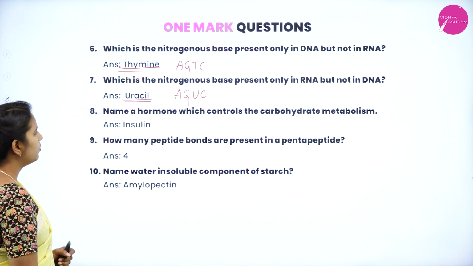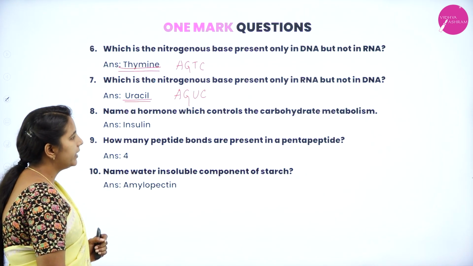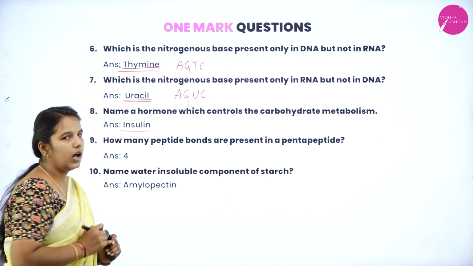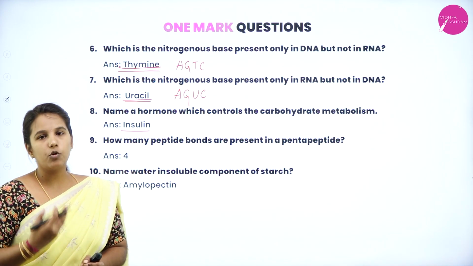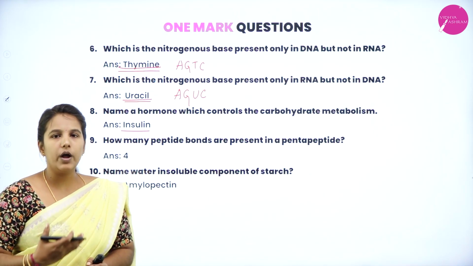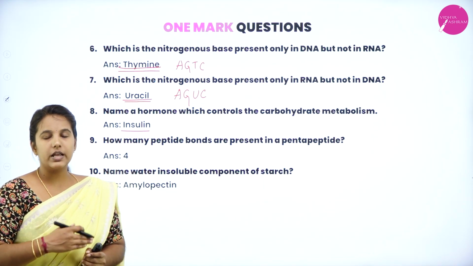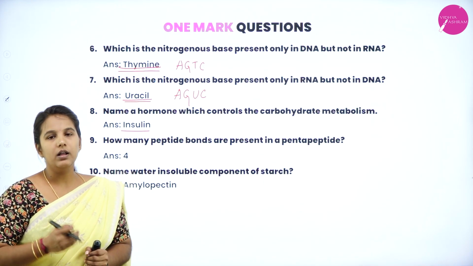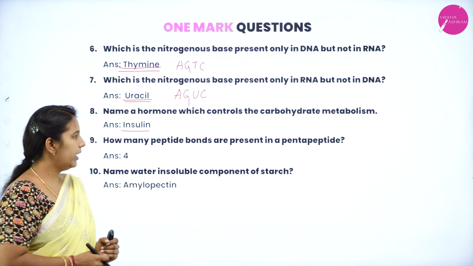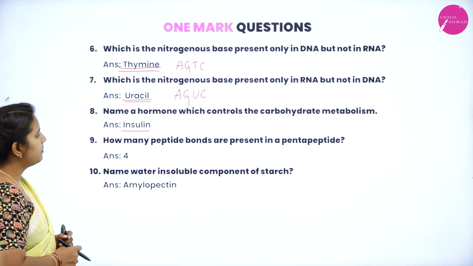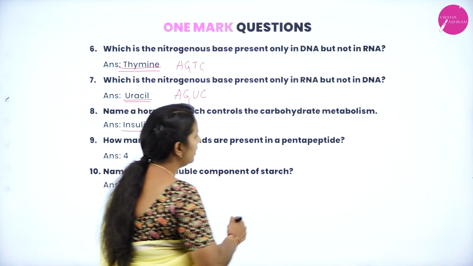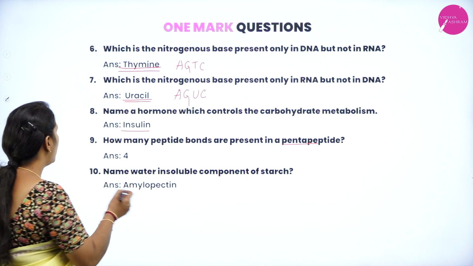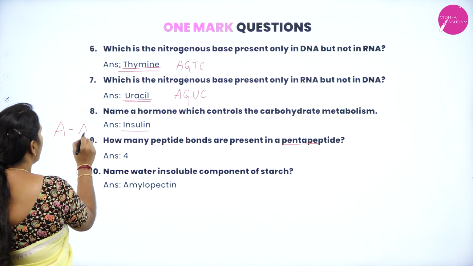Next, name a hormone which controls the carbohydrate metabolism. We know that in our body, insulin is the only hormone which regulates the carbohydrate metabolism. If the carbohydrate content is too high, the insulin production also becomes too high, so that the patient may become a sugar patient. Okay. Next, how many peptide bonds are present in a pentapeptide? If you see the peptide linkage, it is always formed between 2 amino acids.